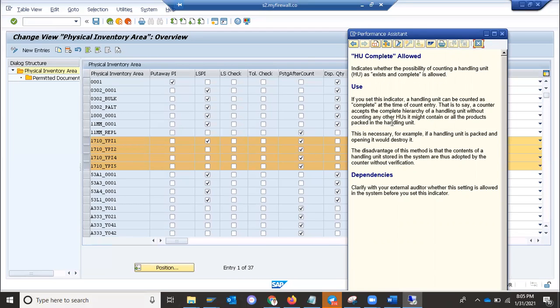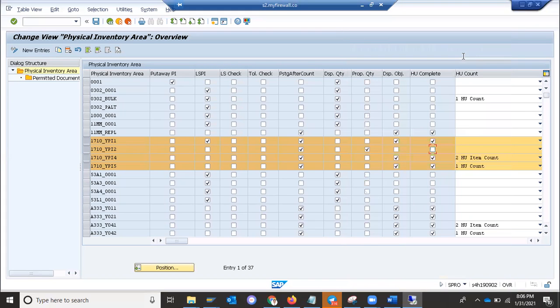But it has some obligations with the system also, with the particular activities, whether it is allowed or not. We have to take care about the auditor because auditors are also there during the physical inventory count. Also HU count, because about 80% of processes in EWM are HU oriented. 20% are not HU, like inbound processes where some people follow a non-HU process.